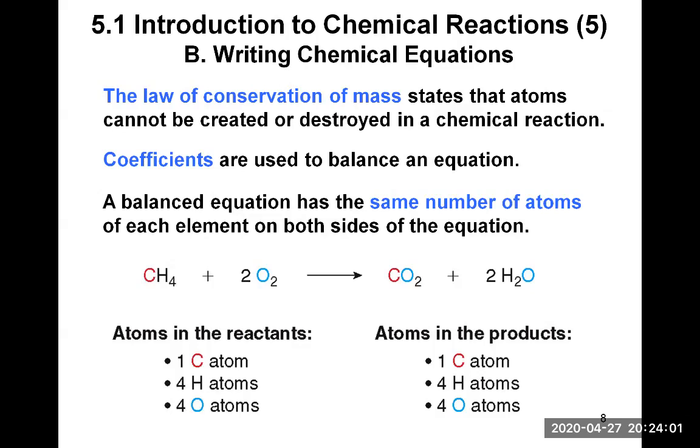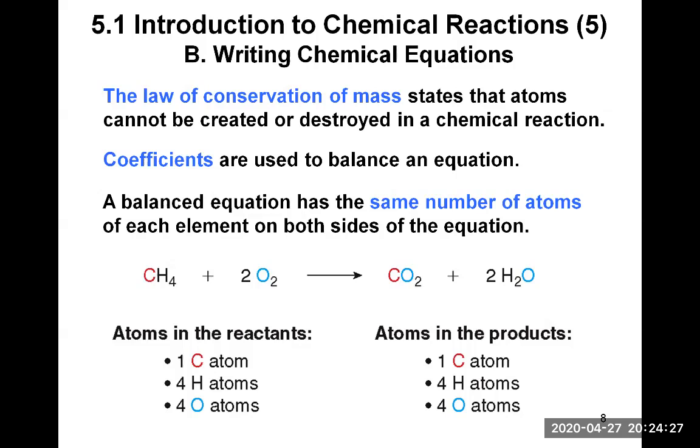The subscript for oxygen in water is an implied 1, and because you have 2 molecules of water, each with 1 oxygen atom, you have 2 oxygen atoms from those. Plus the 2 oxygens from carbon dioxide, that's 4 oxygen in total on the product side.